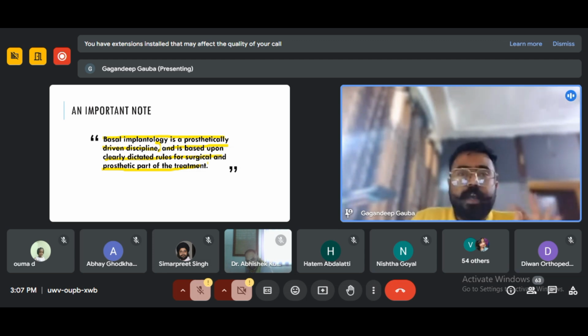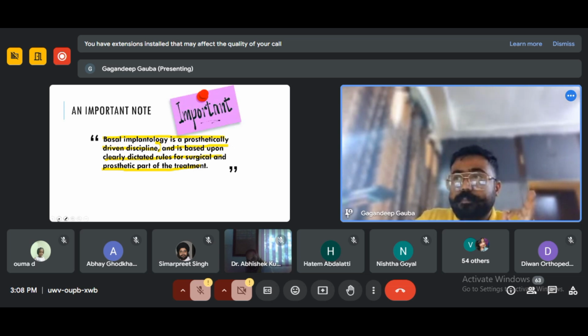Even if we place implants very well and our prostheses are very bad, the implants are bound to fail because of the bad prosthesis. We should understand this, and everything should be done very carefully and in accordance with the rules of basal implantology that are based upon the rules of orthopedics and traumatology.